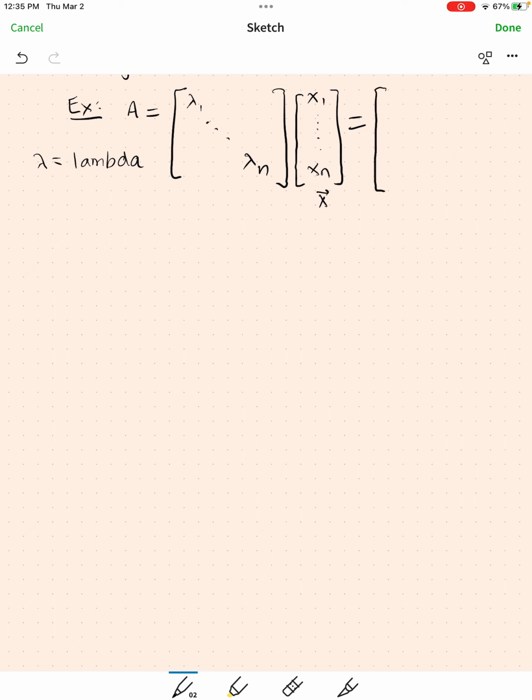I think we're going to get this vector that's just lambda 1 x1, lambda 2 x2, all the way to lambda n xn. Right? So here's Ax. So when is this second vector going to be a scalar multiple of the first one?